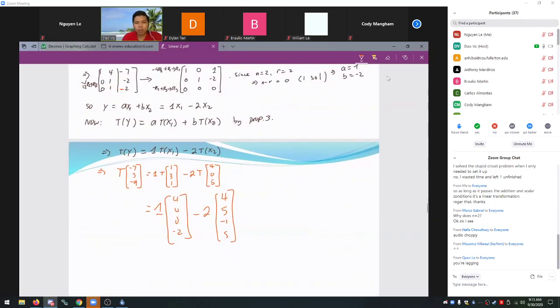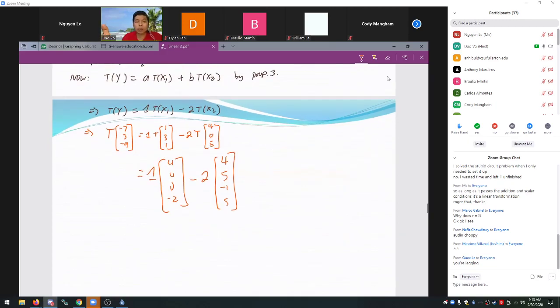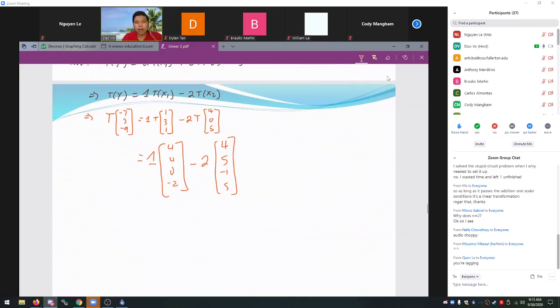Right? Because we know the transformations of x1 and x2, but we don't know the transformation of y. Being able to do this gives us the transformation of y. So here we get (4, 0, -2) minus 2 times (5, -1, 5), which is (10, -2, 10).